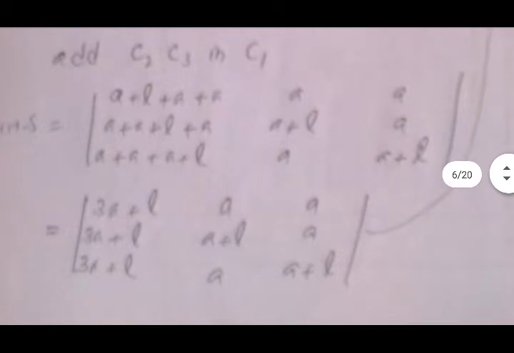It becomes 3a plus l, and then we take 3a plus l common from column 1. And it becomes 1 1 1 in column 1, and then we do R2 minus R1 and R3 minus R1.